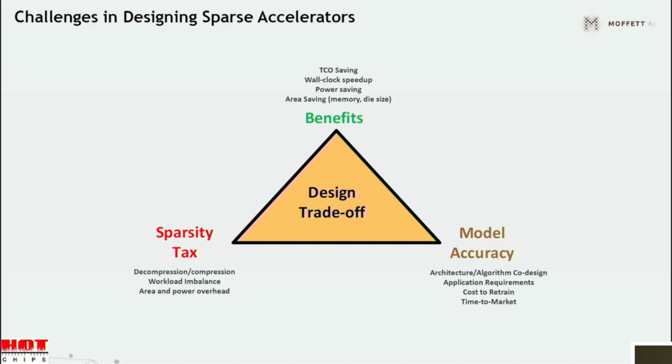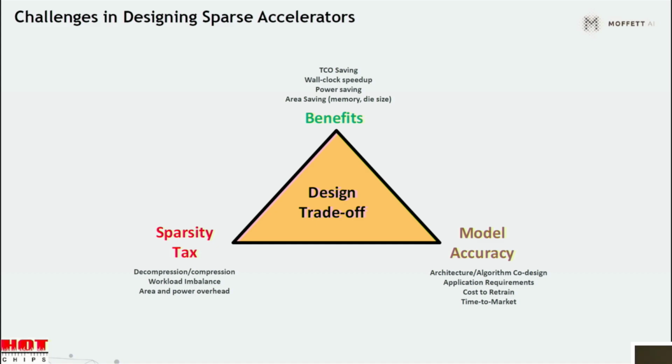It also depends on the cost to retrain, because some pruning algorithms are pre-train and some are post-train, depending on the customer's requirement. And it depends on time to market, whether the specification adds too much time for people to deploy models in real applications.